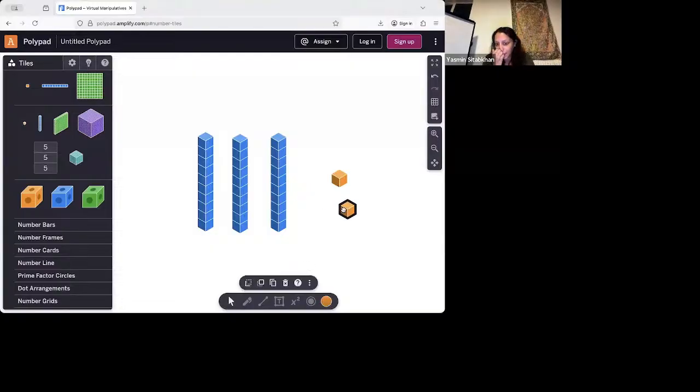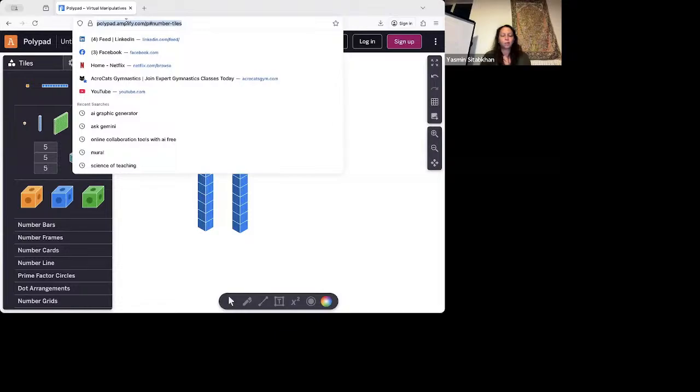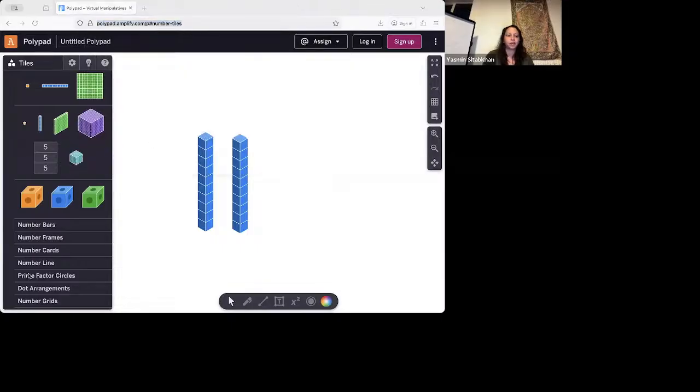And if I am going to take away 2 ones, so there's 1, 2, and 1 bundle of 10, now we have 20 left. I'll put this up if anyone would like to try it. It's a great website to use, especially for virtual things.